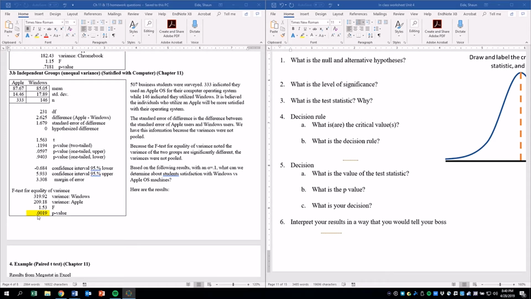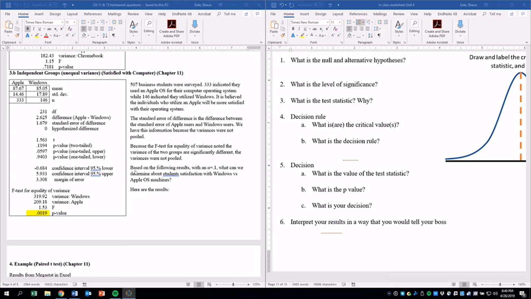You see 0.0019, that means that the variances are not the same, the distributions are very different, and because of that, we are going to be doing this assessment with non-pooled variances. And because of that, you can see the standard error is different. So that's just a little bit of information for you. So when you see this extra information, you'll know what that is.